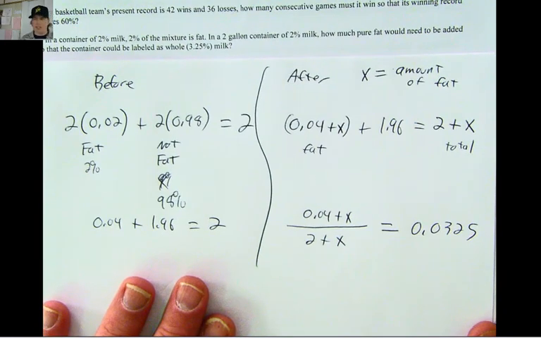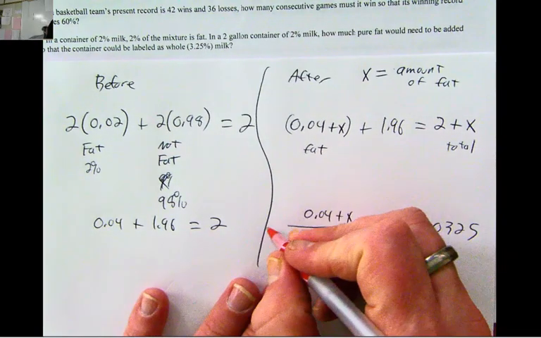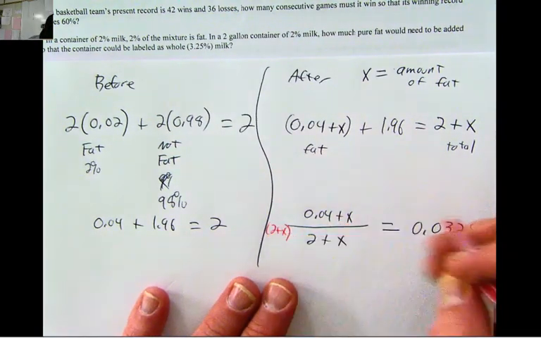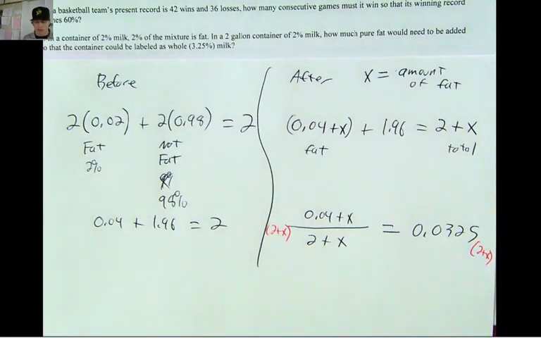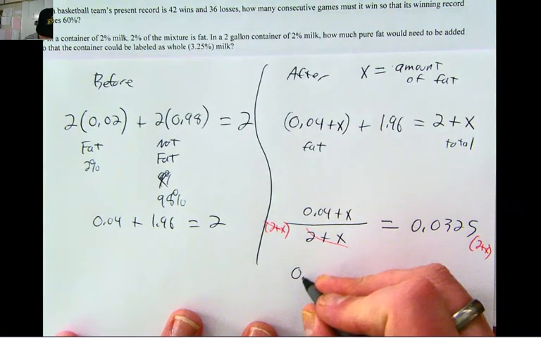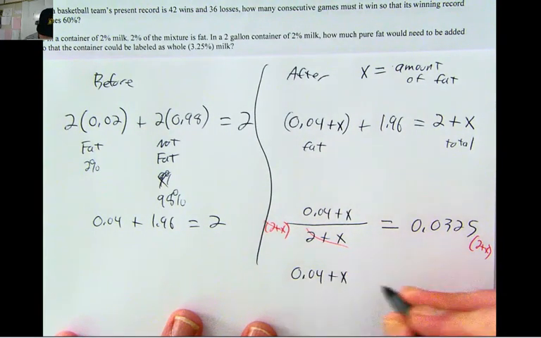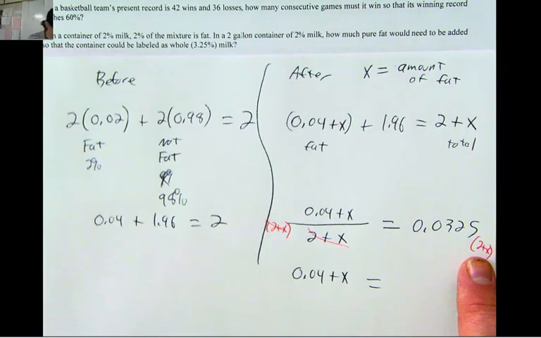Setting these up is the hard part. Once you have that, these always have the exact same process to solve. You would first want to eliminate the fraction by multiplying both sides by the denominator, 2 plus x. You get that canceling out, and you get 0.04 plus x equals 0.0325 times 2.